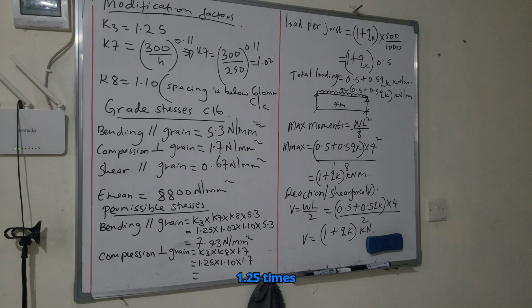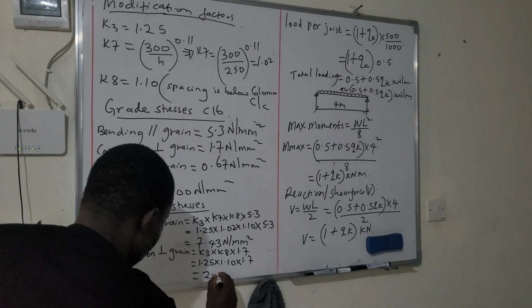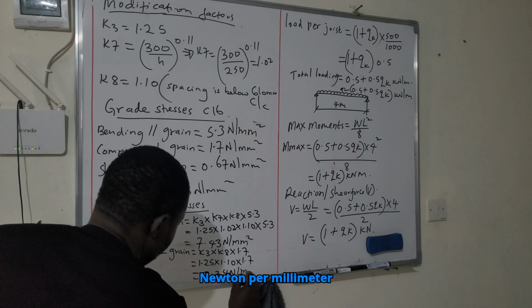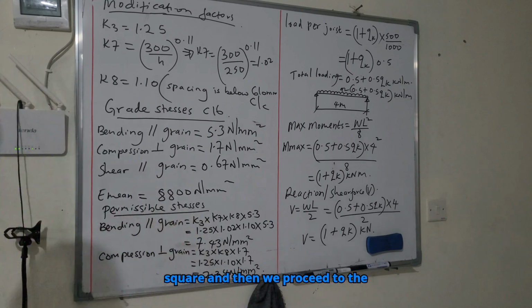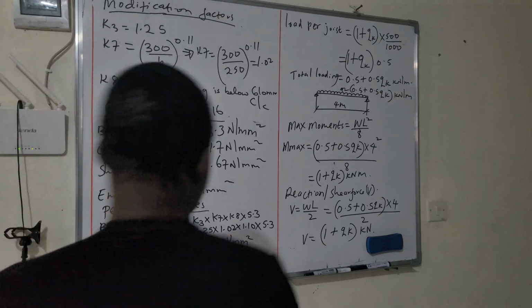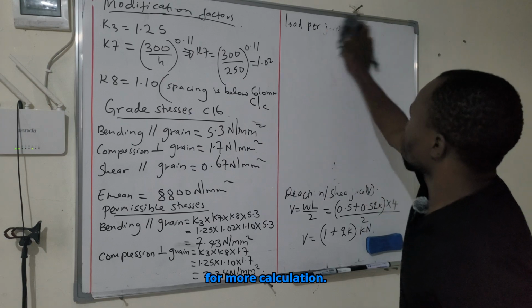So that is 2.34 Newton per millimeter square. And then we proceed to the last one, which is shear parallel to grain. Again, let me clear here for more calculation.